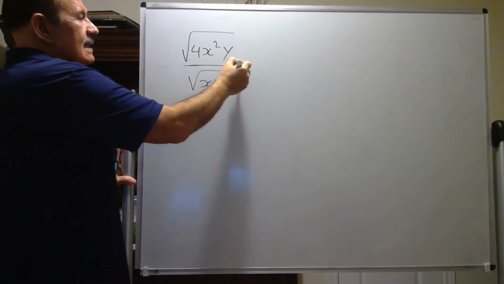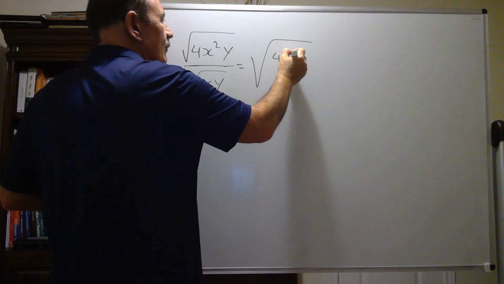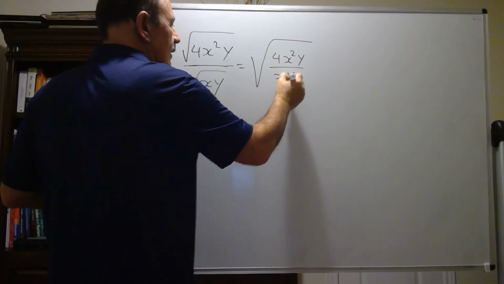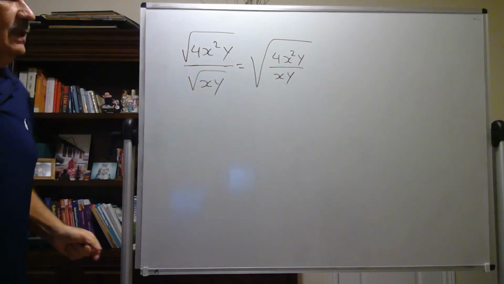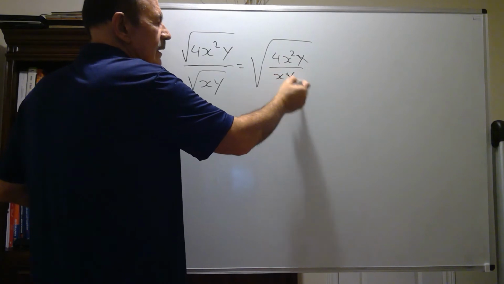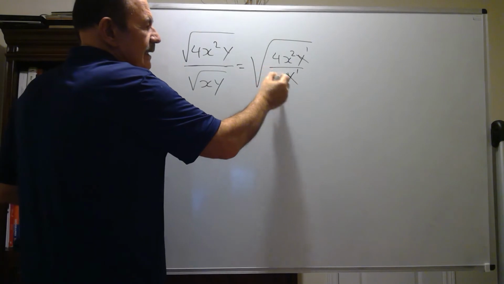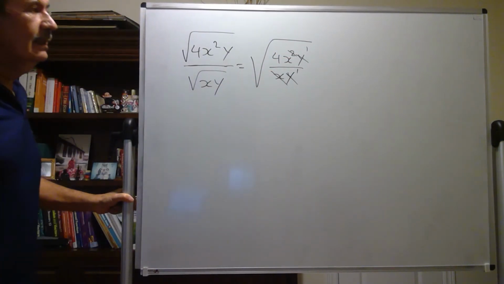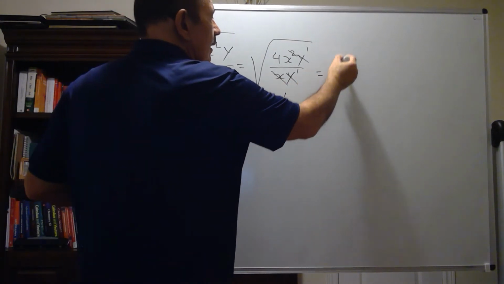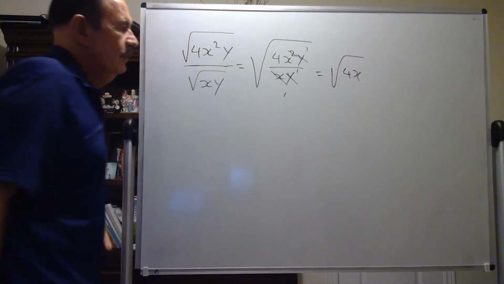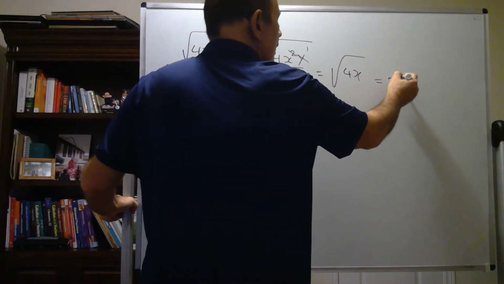In this case we can combine these two radicals as one radical, 4x squared y over xy. I just write both of them under the one radical, because now I can simplify. This y and this y cancel each other. y divided by y is 1, and then x squared and x, this x with this exponent cancel each other. Then the denominator is only 1, so I can write it as radical 4x, because everything else is cancelled. And the 4, I can take it out, so I can write it as 2 radical x.